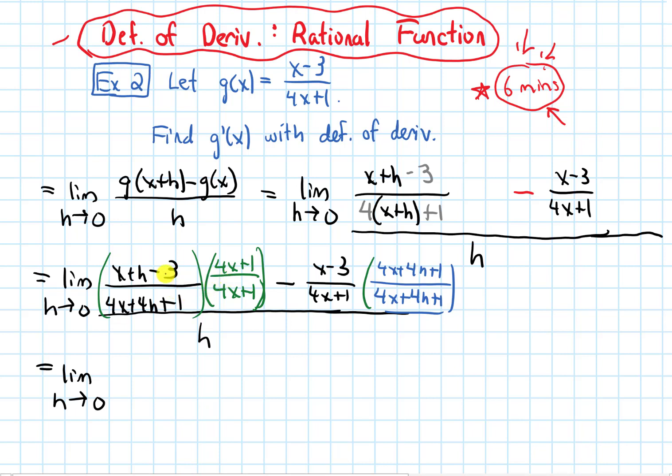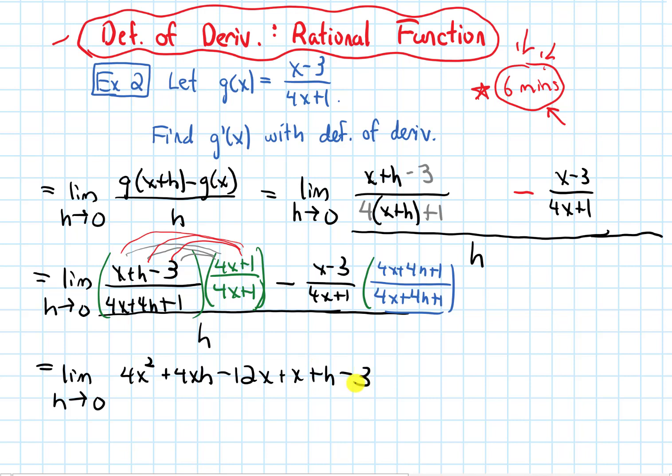Now let's multiply these fractions. On the numerators, I'm going to distribute out. First I'll distribute this 4x to each of these terms, and I'll get 4x squared plus 4xh minus 12x. And then let's distribute that 1 to each of these terms, so that'll give us plus x, plus h, minus 3.